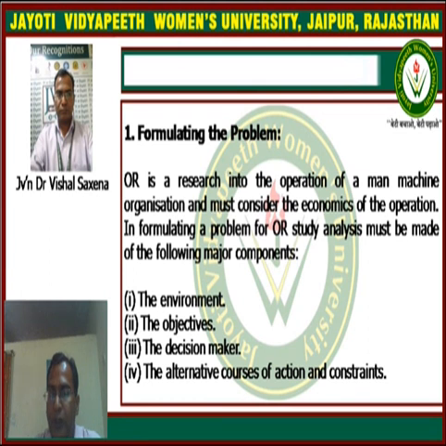So in formulating a problem for an operation research study, analysis must be made of the following major components. So that means, for the formulation of the problem, what are the required components here? The first component is the environment, second is the objectives, the third is the decision maker, and fourth is the alternative courses of action and constraints.